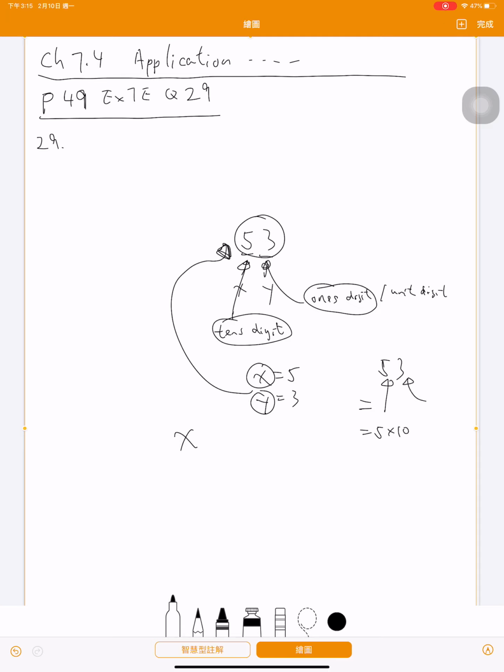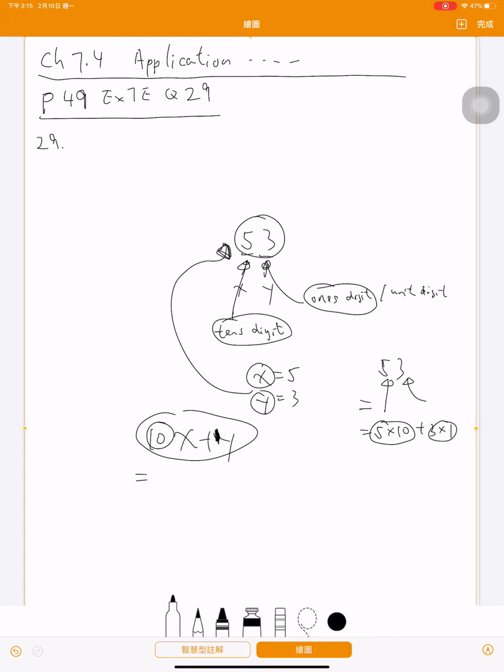For the 3 here, we have $1, right? 53 in fact means 50 plus 3. So if we use back x and y, we can use 10x plus y to talk about this number, because x has 10 as its base value, and y in fact has 1, but we do not write the 1.